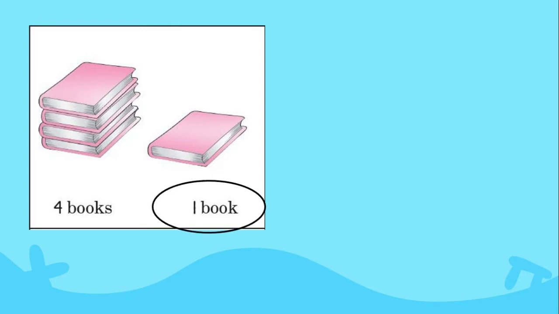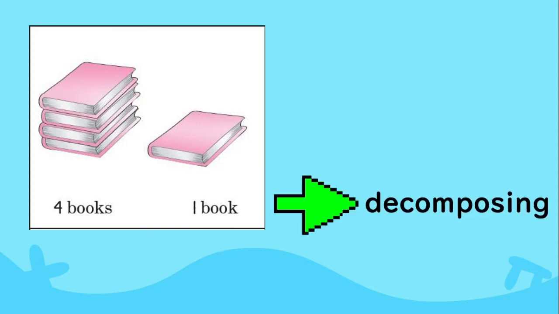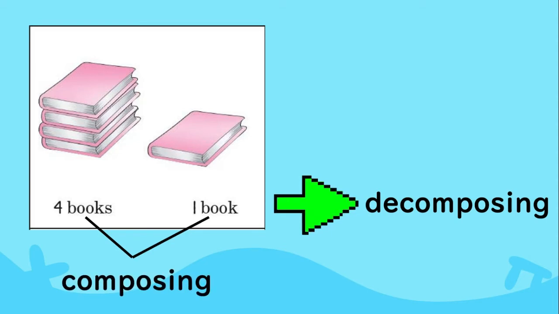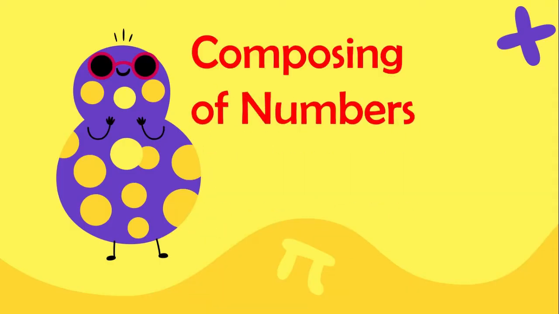So what do we call this kind of sorting of books? So this is what we call decomposing, okay? So if we're going to add that 4 books and the 1 book, that's what we call composing. So what do we mean by decomposing and composing?